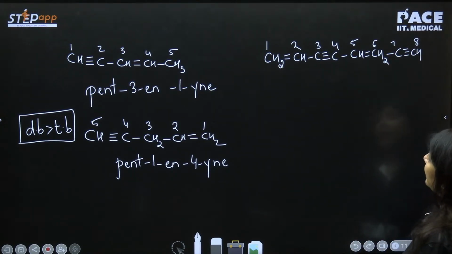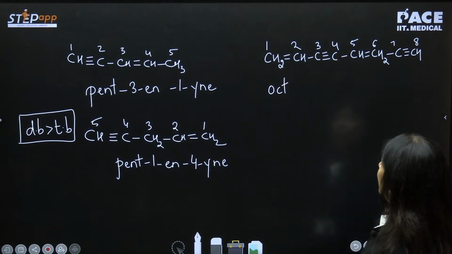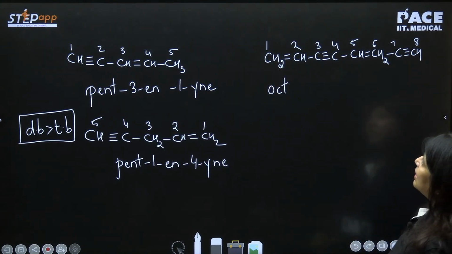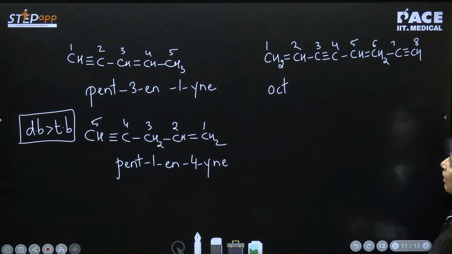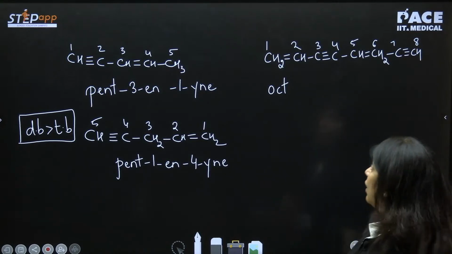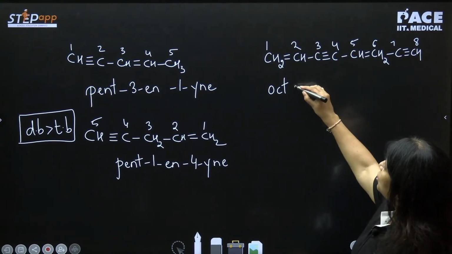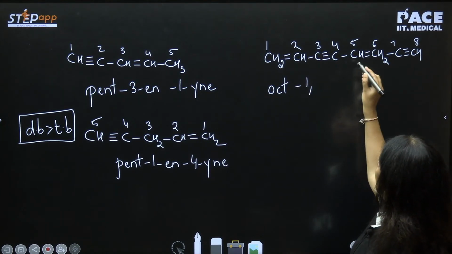Now in all there are 8 carbon. So the root word is oct. There is ene as well as yne. Alphabetically ene is to be written before yne, but there are 2 double bonds, so it's a diene. The positions are 1, 5.